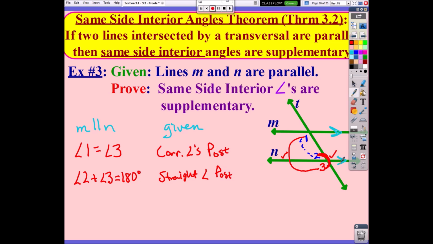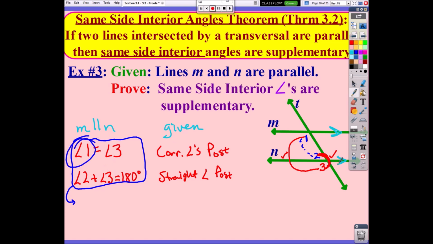And again, I'm going to come over here and put a check mark between angles 2 and 3. Now, since I've talked about 1 with 3 and 3 with 2, it's time for angle 3 to kind of back out of the problem. We're going to use these 2 pieces of information and hopefully use some substitution again. So if angle 1 is equal to angle 3, and angle 2 plus angle 3 is equal to 180, well, instead of writing this angle 3 right here, what could we substitute it out with? We could substitute out this angle 3 with an angle 1.